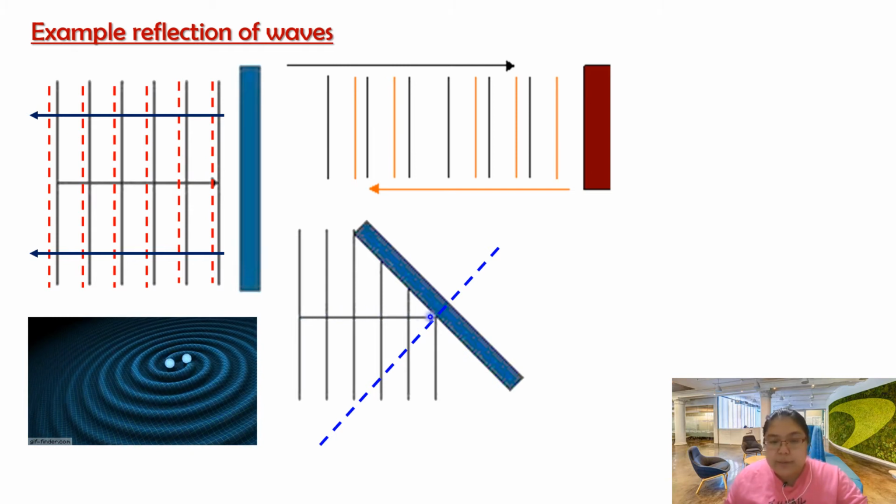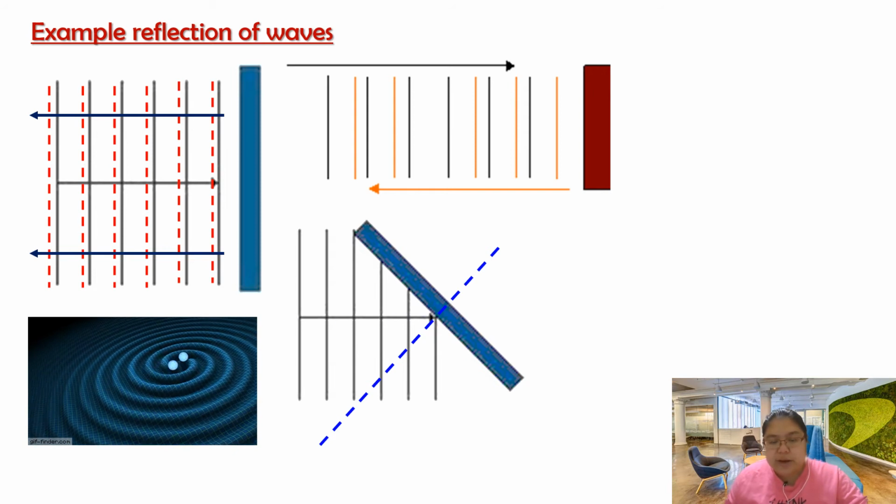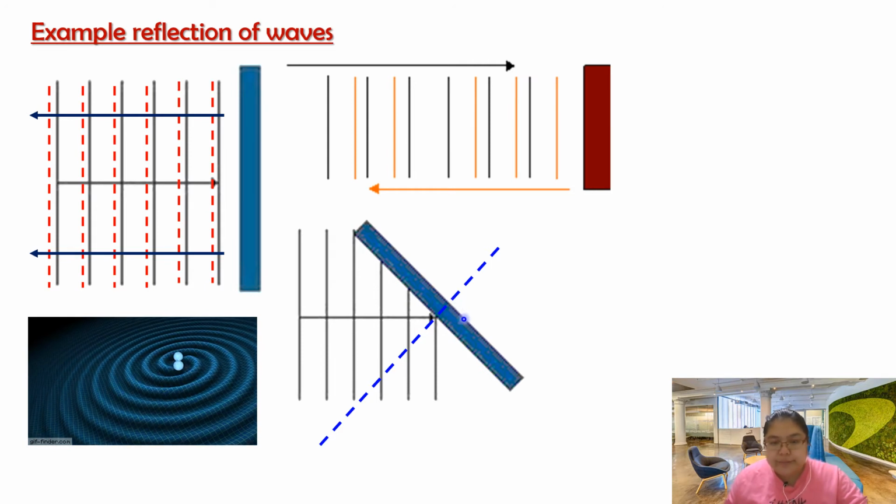Then it hits the barrier. When it hits the barrier, we need to draw the wave pattern. The wave pattern must be 90 degrees with the incident ray. The first step you need to draw is the normal line. The normal line must be 90 degrees with the barrier. After you draw the normal line, make sure of this angle.